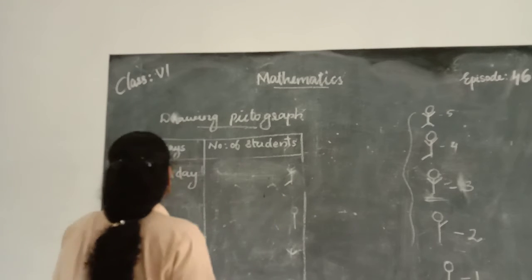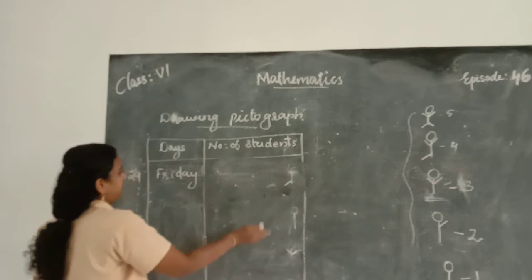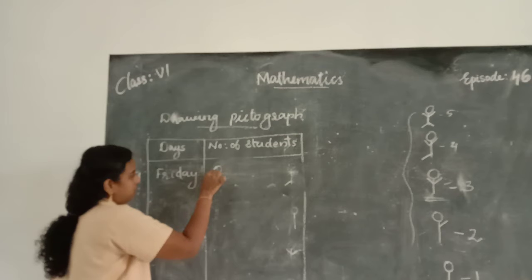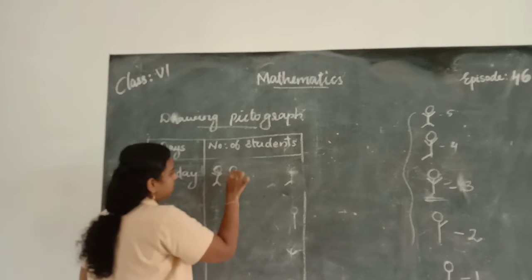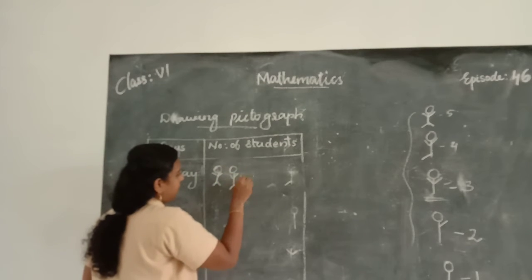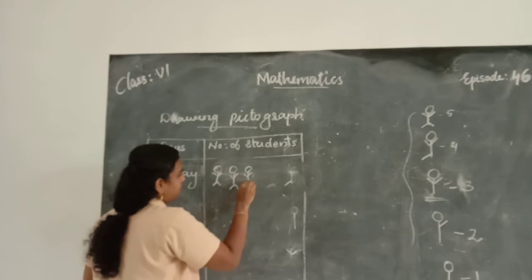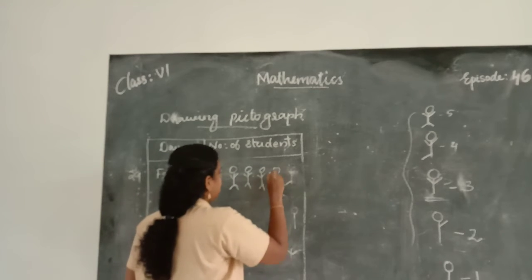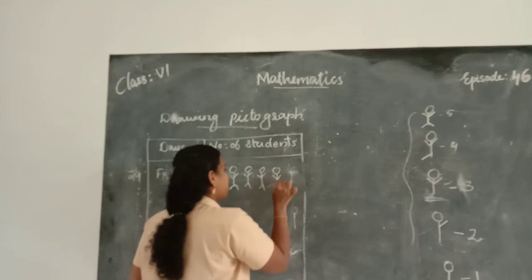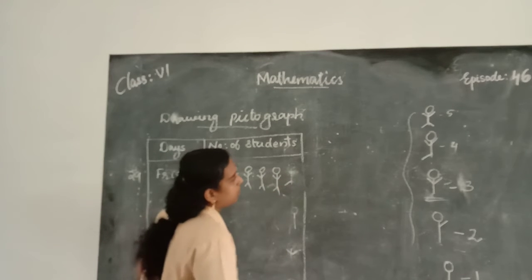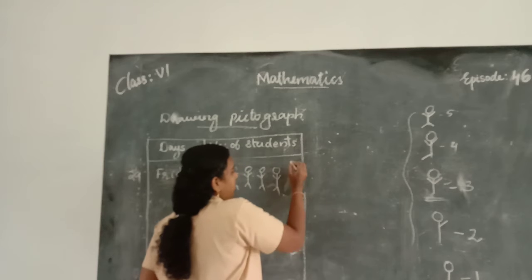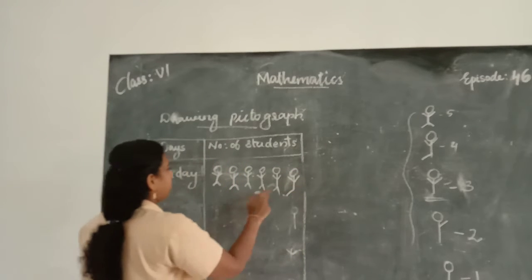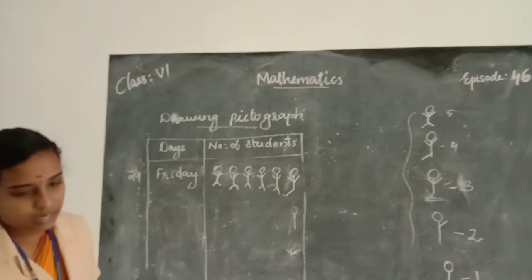And here 25 plus 4 we get 29. So 5 into, draw 4 figures. 5, 10, 15, 20, 25, 25 plus 4, and remove one leg of the figure, then it stands for 4. So 25 plus 4, 29.